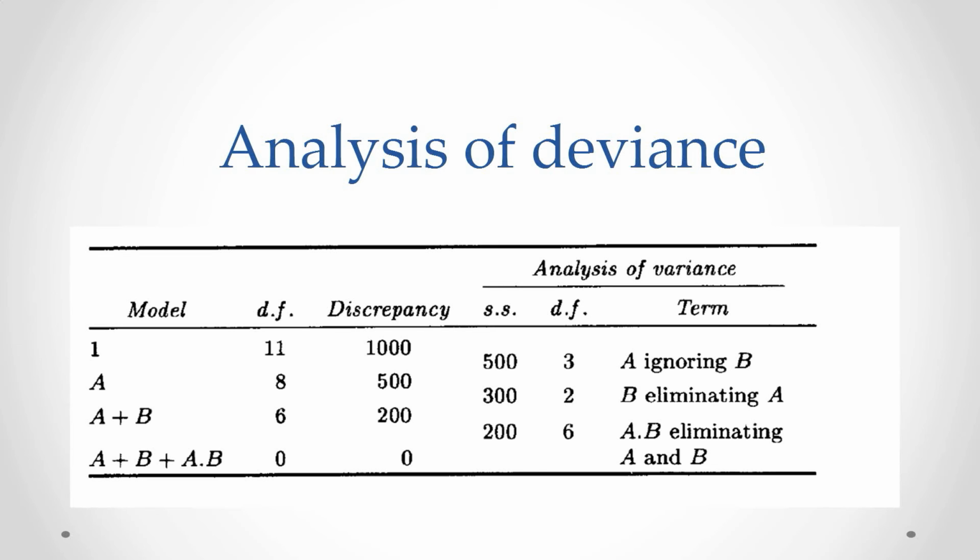So one important difference between analysis of deviance and analysis of variance is that I could get an entirely different analysis of deviance table if I changed the order in which the models were fitted. So if, for example, I had B first and then fit A eliminating B and so on.